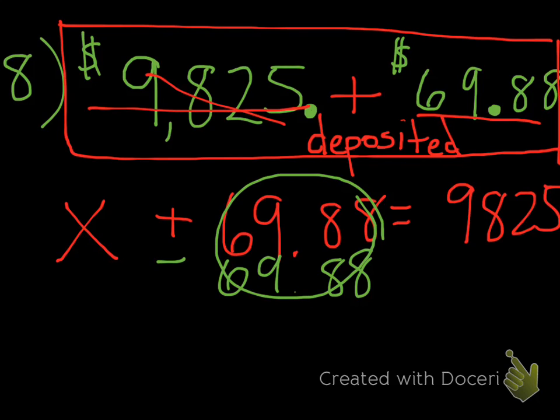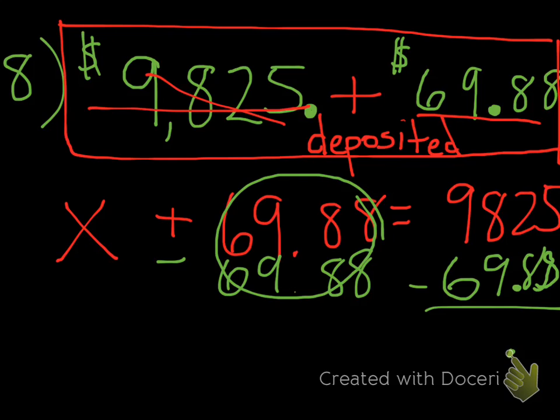Now, let's look carefully at this $9,825. This is where people make big mistakes. A lot of times they want to just take this 69.88, write it here, put their decimal, bring your decimal down, and subtract.